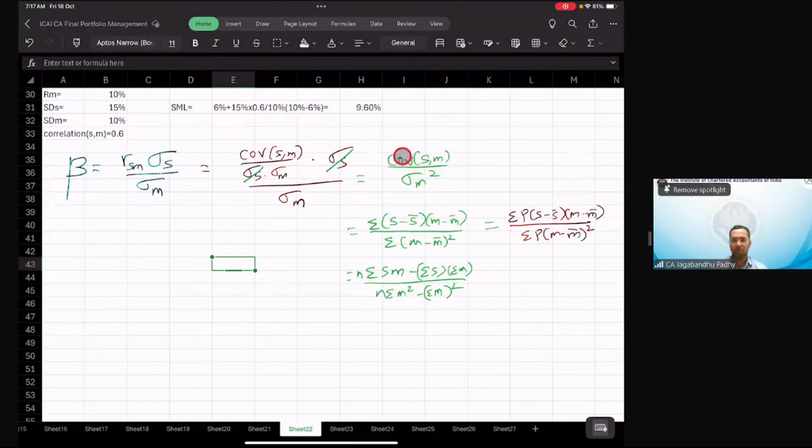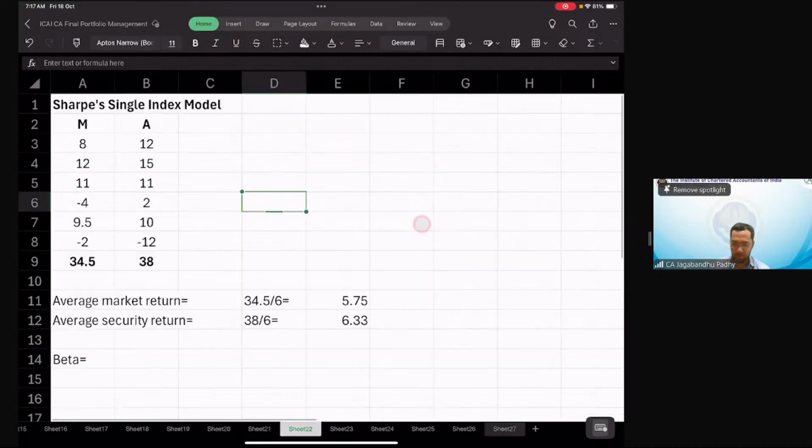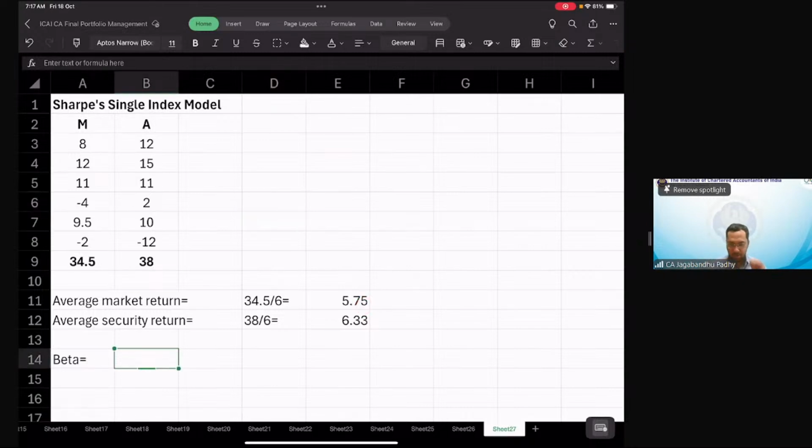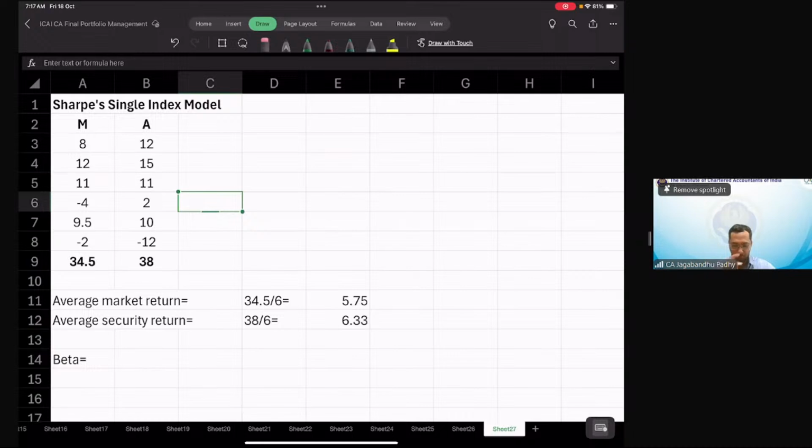I will preferably not use the formula with s minus s bar and m minus m bar, because that will be a bit problematic as we already have these decimal numbers. So let us try to get the beta by this particular form.